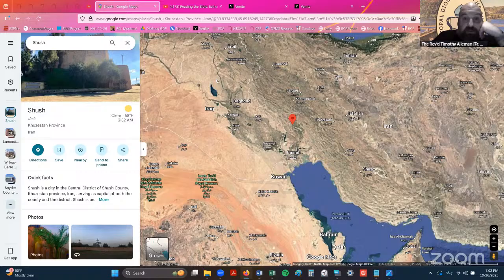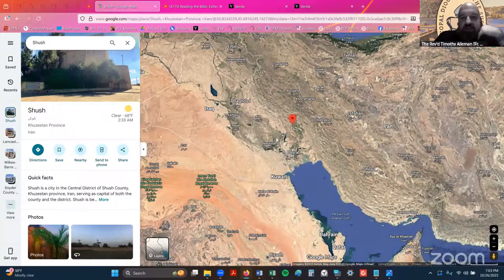I forget exactly where, between Mosul and Baghdad, I believe. But yeah, the city of Susa is now the Iranian city of Shush. Right where this red pin is, that's where that is. Giving an idea of where we're looking at.